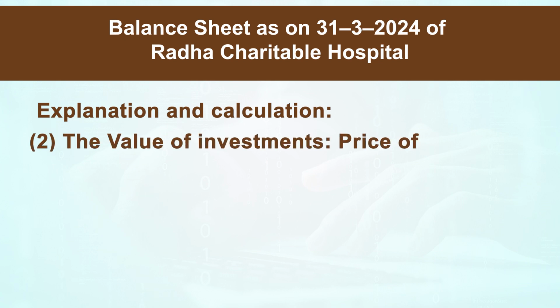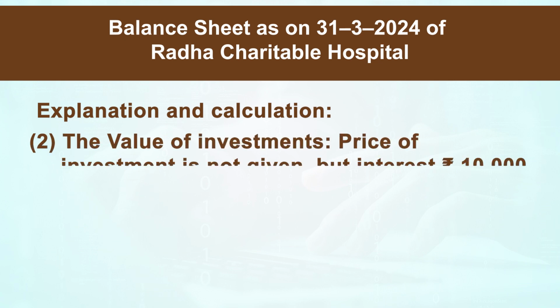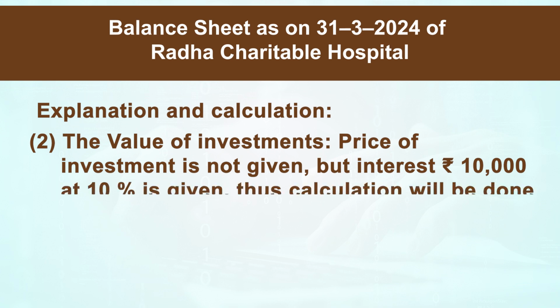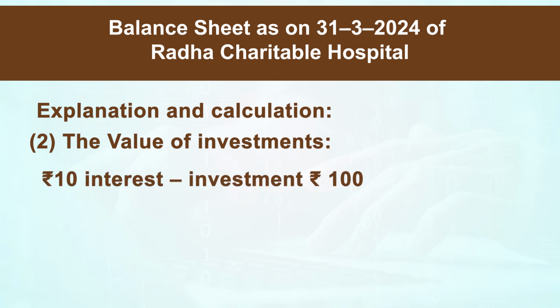Next point is value of investment. Price of investment is not given in the question, but interest is given. So interest 10,000 at 10% is given. Thus the calculation will be done as follows. When we have interest 10, at that time investment is rupees 100. So when we have 10,000 interest, then what will be the investment?